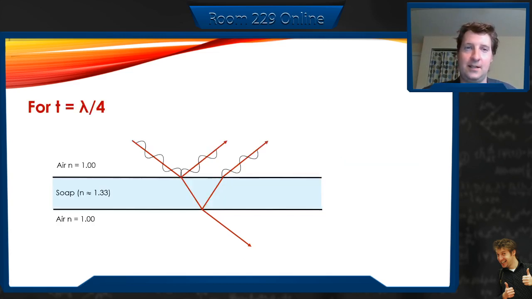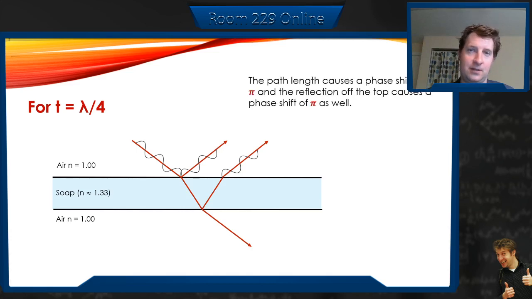Okay. Now, if the thickness of the material is a quarter of a wavelength, then the path length difference, the amount of distance that the light has to take to go down to the bottom and back up, will be double lambda over 4, so it'll be lambda over 2. Right?